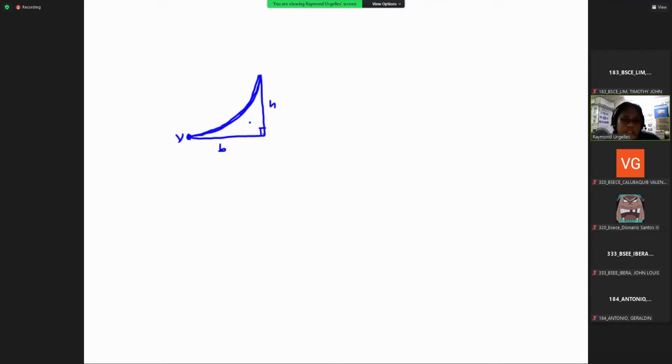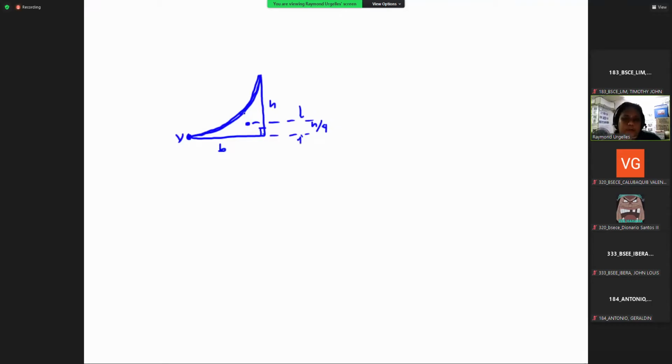The centroid is located here. Its distance from the base is h over 4. Remember, for a triangle it's h over 3. For a parabolic spandrel, it's h over 4.